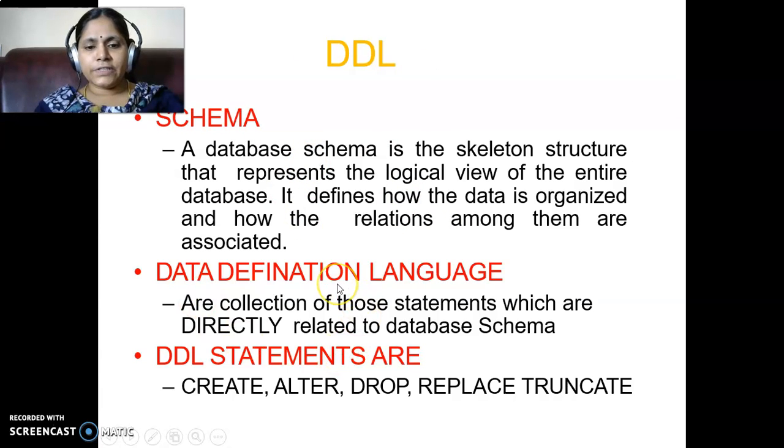Data definition language describes how the schema is and how the relations are maintained in the schema. So, data definition language is a collection of those statements which are directly related to the database schema. DDL statements, as I already explained in the previous slide, are create, alter, drop, replace and truncate.